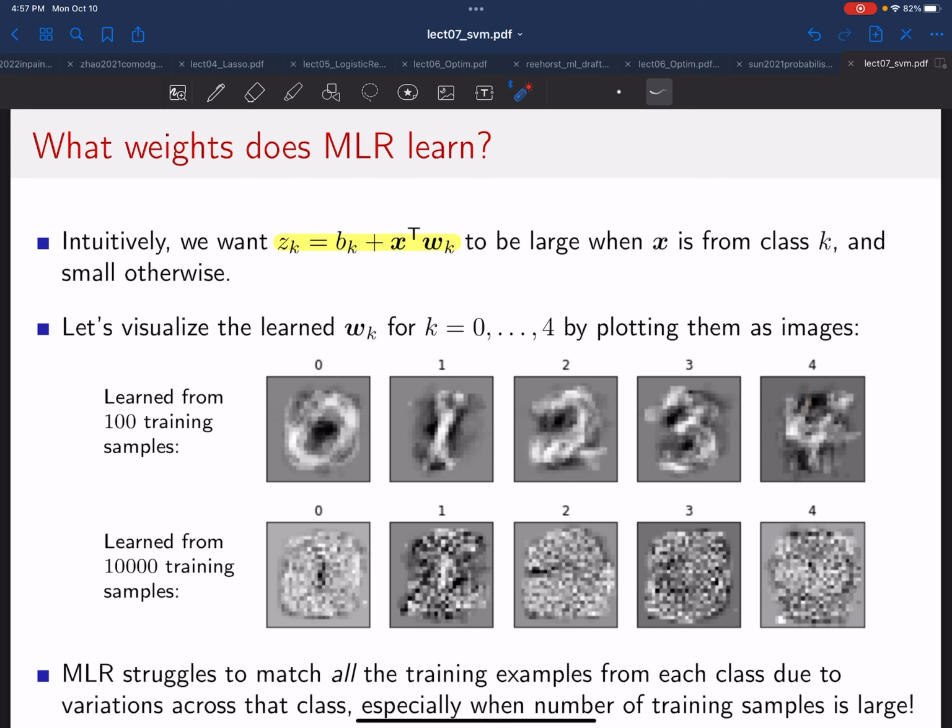And so when you look at these pictures, gray is going to be a 0 valued pixel. White are going to be positive pixels. And something darker than gray, like in the middle, that would be a negative pixel. So when you see the negative here, it's kind of like saying, if your X has brightness there, it gives a negative weight to that. It says, well, it's probably not going to be in class 0, right?